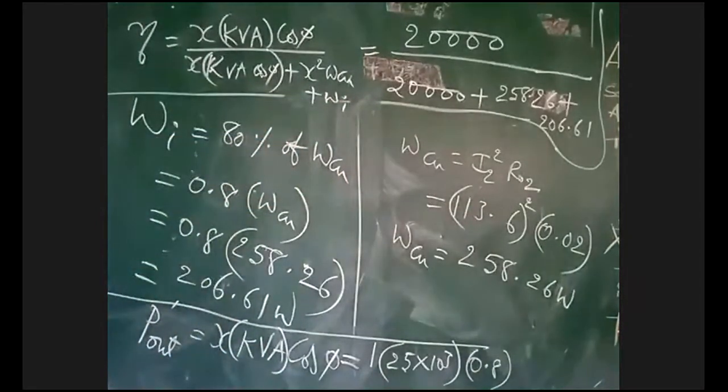Both are one and the same. X value is 1 here. X kVA cos phi value is 20,000, divided by 20,000 plus 1 square into WCU 258.26, plus iron loss 206.61. We can take any formula. Efficiency is output by input, and input is equal to output plus losses.